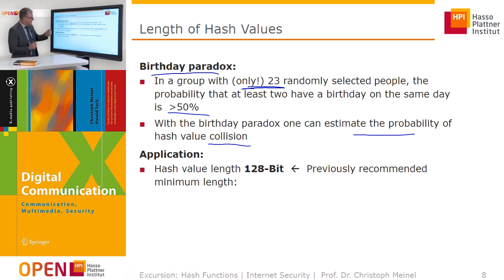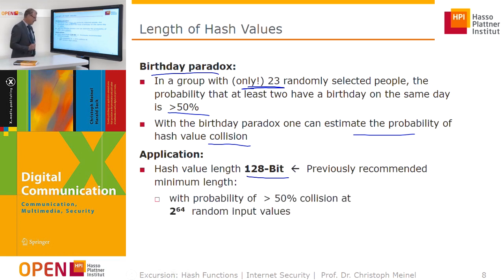If we apply the birthday paradox, then we can say that if the hash value had a length of 120 bits, which was in the past the recommended minimum length, then with probability greater than 50%, a collision can be found with 2 to the 64 random input values. It's a huge amount of input values, that's true.